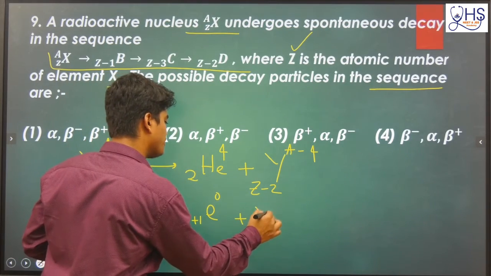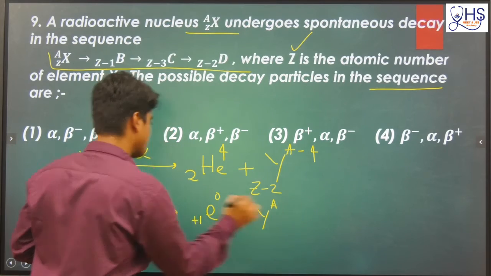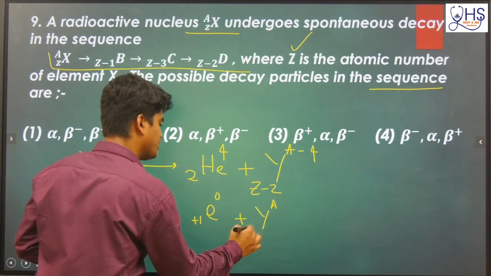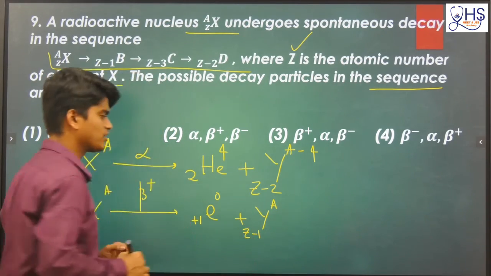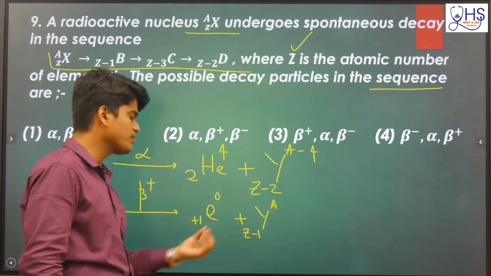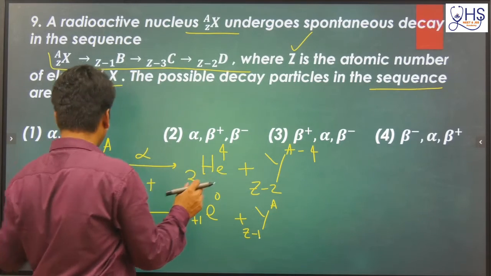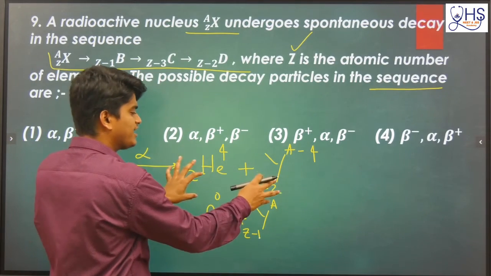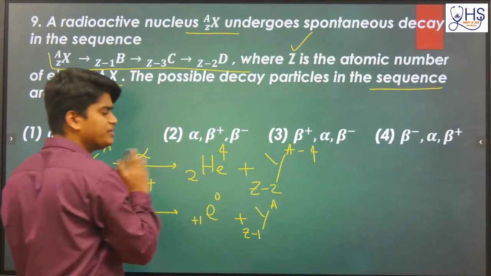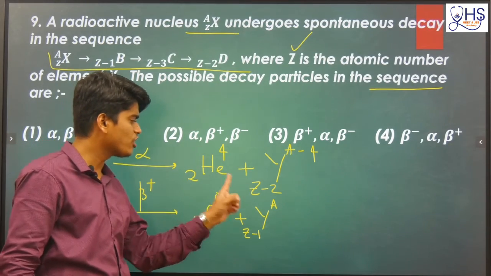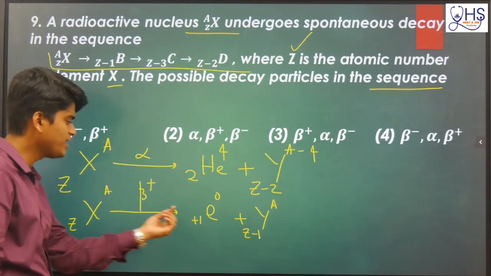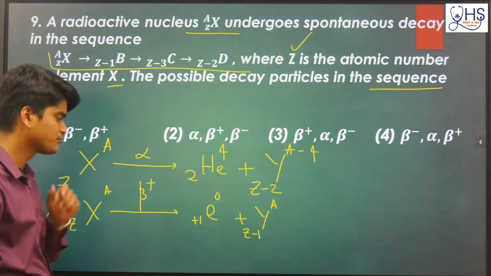The element formed will have the same mass as the parent nucleus, but here it will become Z minus 1. Why is this becoming Z minus 1? Because of conservation of charge. If on the left hand side I have Z, then on the right hand side the sum should be Z. So 2 plus Z minus 2 is Z. Similarly 1 plus Z minus 1 is Z.